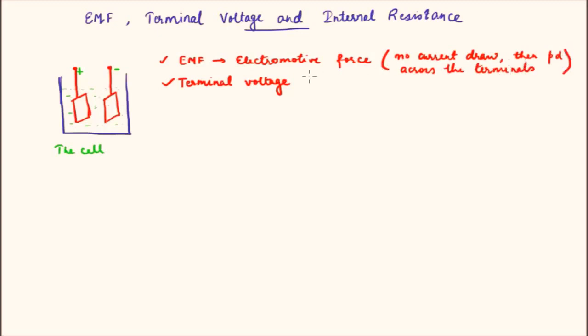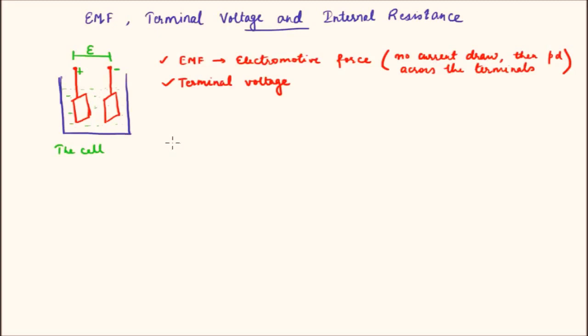That is my electromotive force. Now in this particular scenario, this is my electromotive force, given we have not closed the circuit, and electromotive force is denoted by epsilon. This is called epsilon.